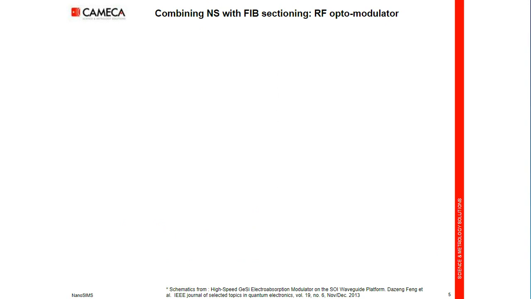In the coming 3 slides, we will illustrate a simple and very powerful sample preparation to be combined with the NanoSIMS. It is based on a focused ion beam technique to create and extract a lamella.